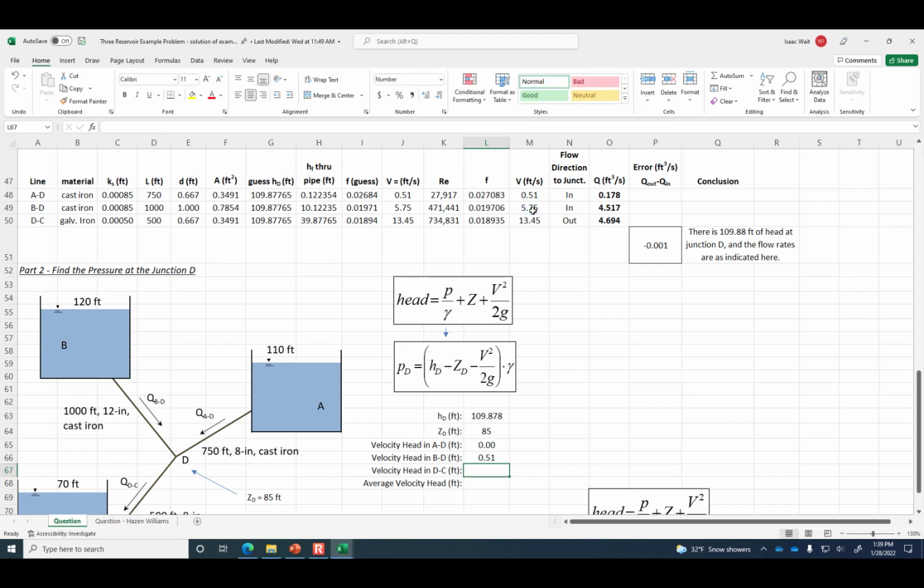And the velocity head in DC is the velocity in DC squared divided by 2 times g. And then we'll just do the simple average of those 3.